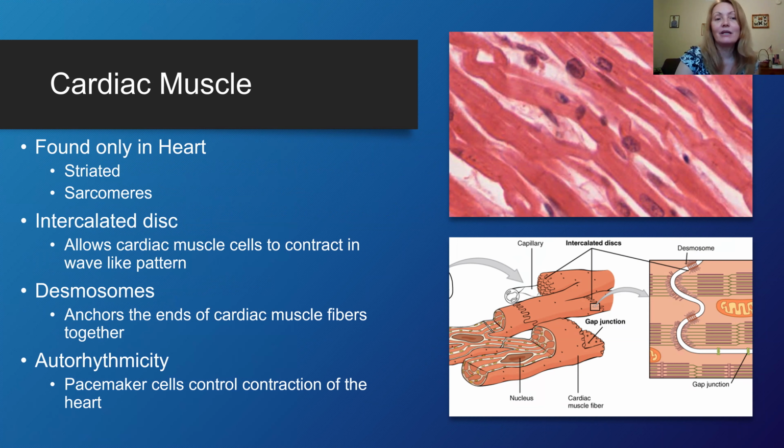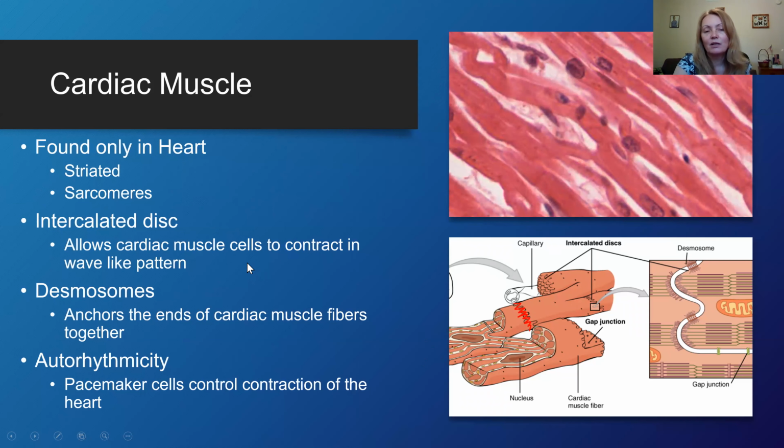So now let's talk very briefly about cardiac muscles. They are found only in the heart. They are also striated. They have sarcomeres. And another thing that they have, see, here we have two cells and they are connected through this junction, and this is called an intercalated disc.